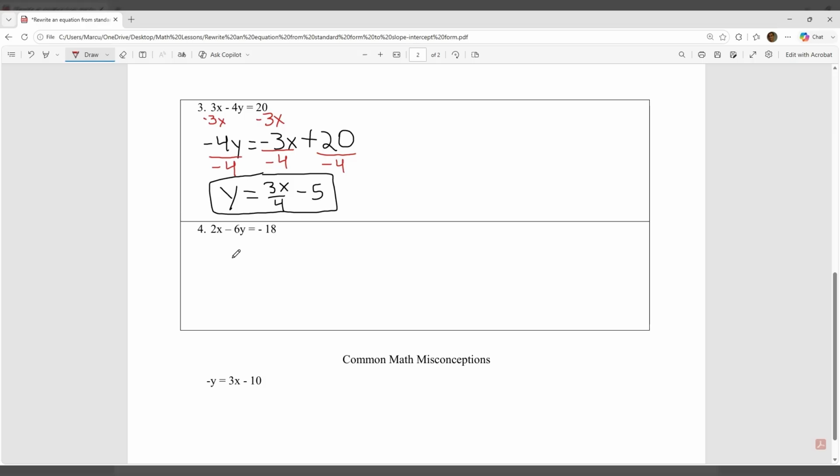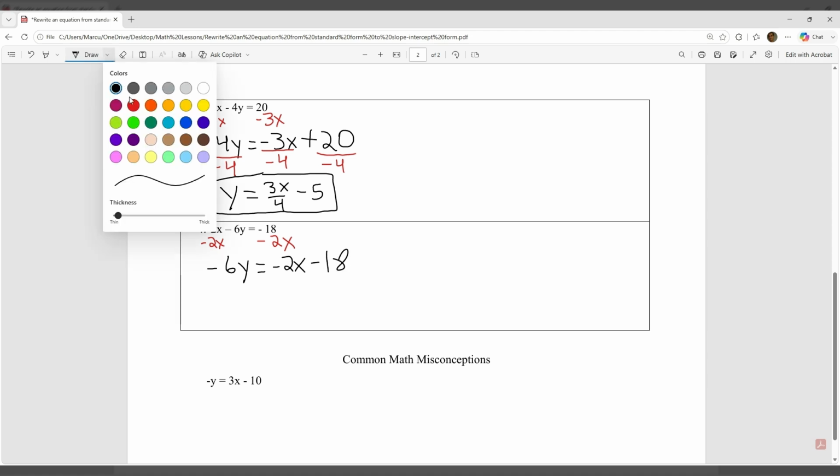Welcome back, everyone. Now we're going to go over question number 4. So we have a positive 2x, so instead we're going to subtract 2x from both sides. Again, we're doing inverse operation to isolate the y. So we have a negative 6y equals to negative 2x minus 18.